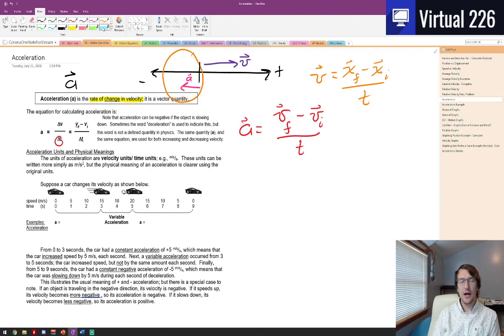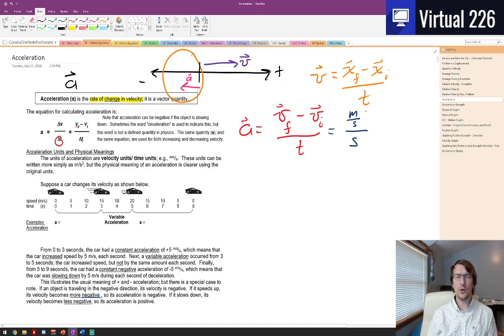Because acceleration is a change in velocity divided by time, the units are a little weird. The units are actually meters per second over seconds. If you looked in Unit 1, we did a practice problem which was looking at a water balloon falling down. And the slope of that was 32 feet per second per second.